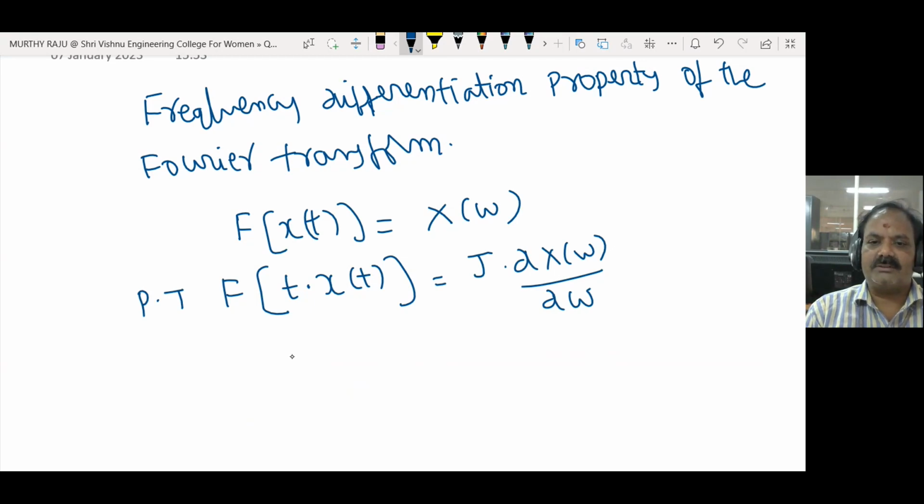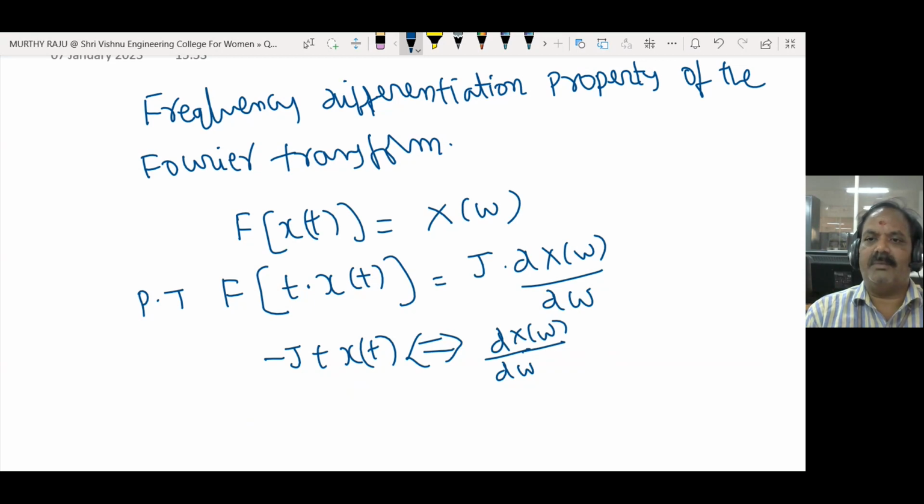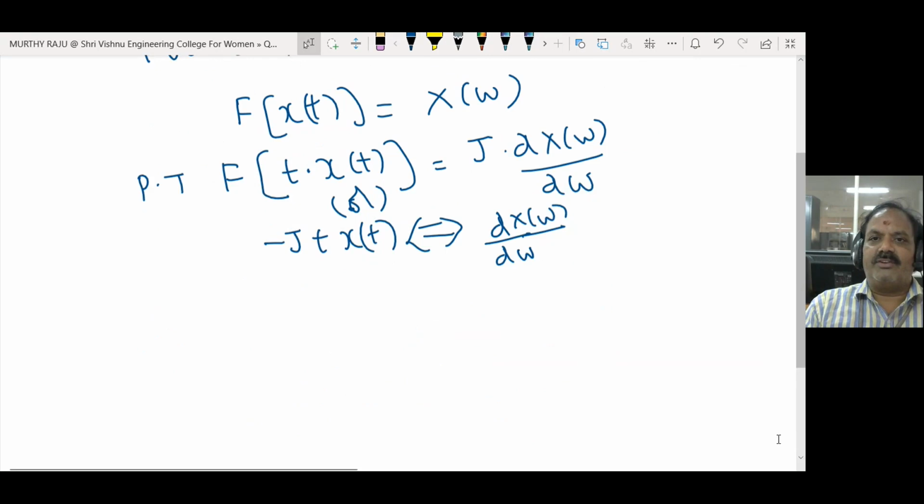Another way of representation is the Fourier transform of minus j t x of t is equal to d X of omega by d omega. Now the proof of the frequency differentiation property.